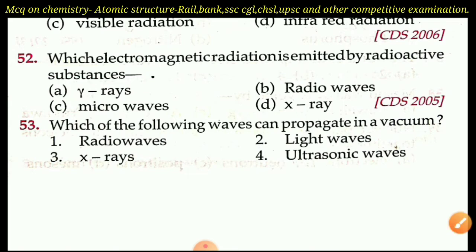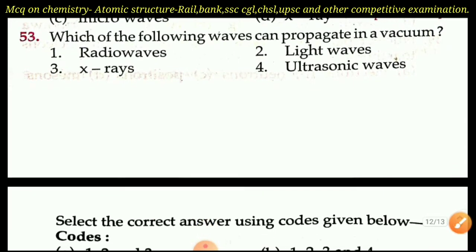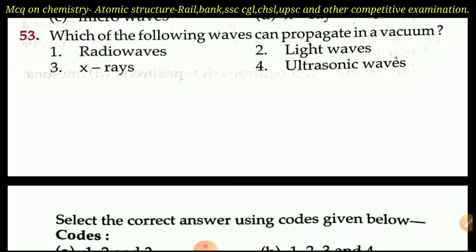Next question is question number 53. Which of the following waves can propagate in a vacuum? There are 4 options: 1, radio waves; 2, light waves; 3, X-rays; 4, ultrasonic waves.